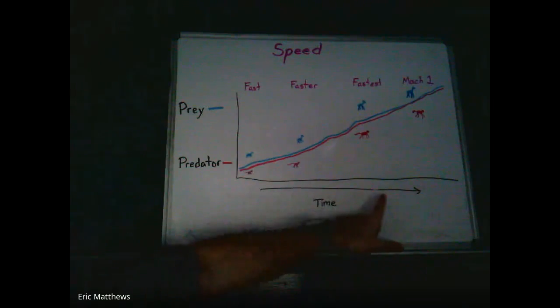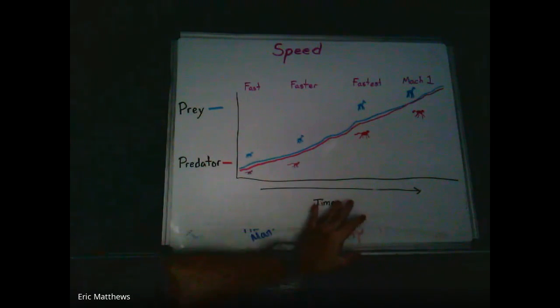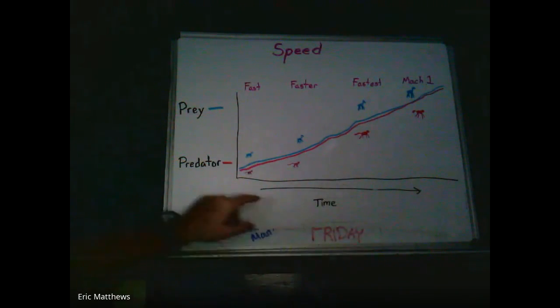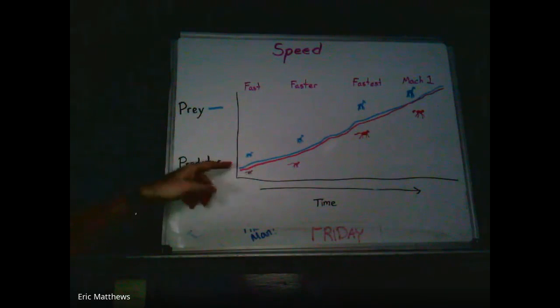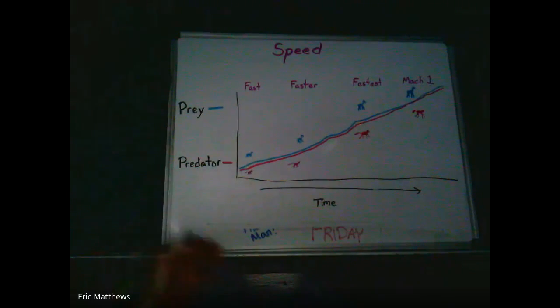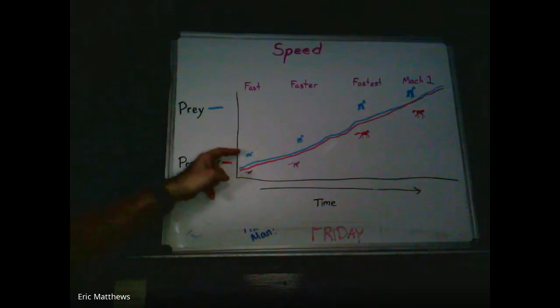And as time passes, remember, this is a lot of time. This is like millions of years time, right? They both started off fast, but not as fast as they could be. Now, the prey were constantly evolving speed because speed makes them better at getting away from their predator. But as the prey got faster, the predator had to get faster.